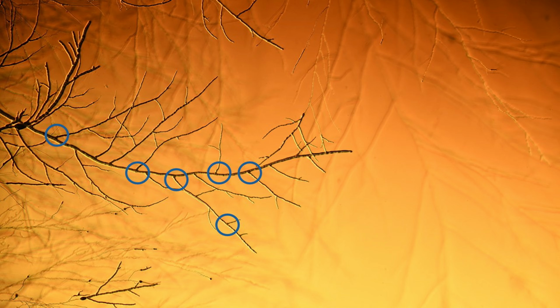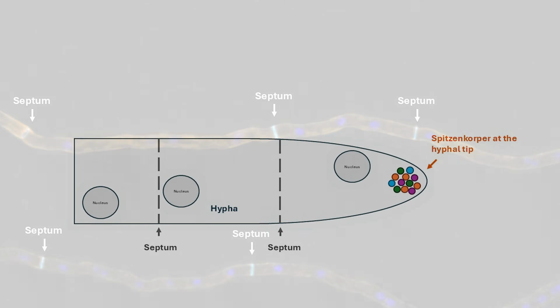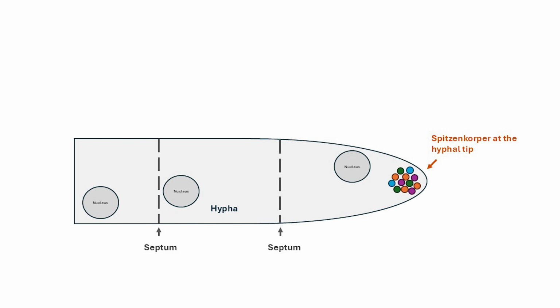Here, new growth sites emerge along the sides of existing hyphae, a process known as lateral branching. As you might remember, a hypha is a multicellular structure divided into compartments by thin cross walls called septa. The septa act like tiny fences, barriers that still allow cytoplasmic flow through their pores, keeping the hypha connected as one living thread.